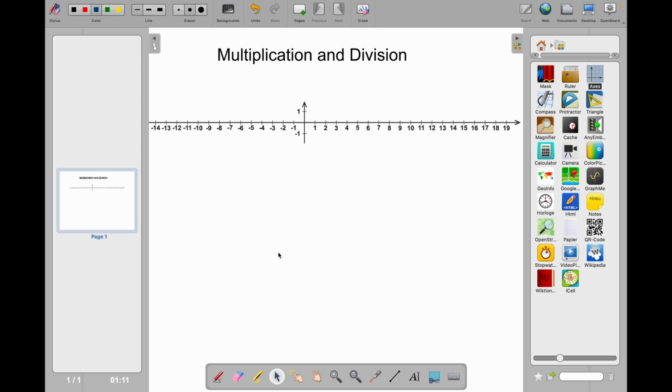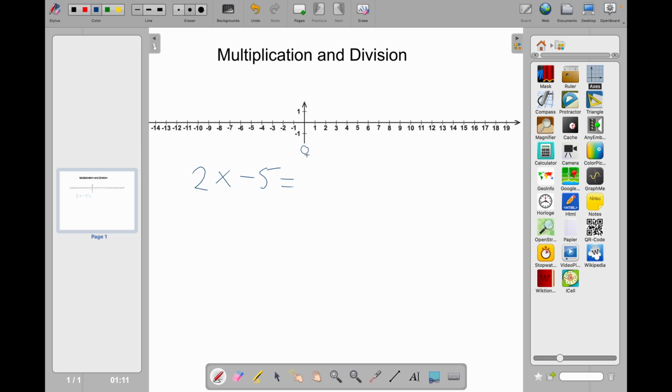Let's have an example. Now we have 2, and we say 2 multiplied by minus 5, and we want to know the answer. The difference between addition and subtraction and multiplication is that when you do multiplication, we start from 0. Here is 0.